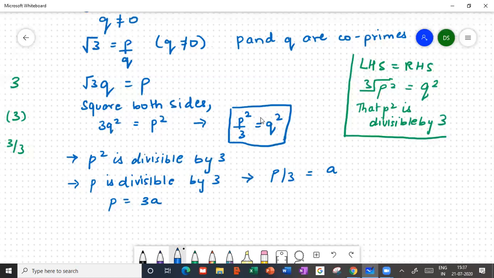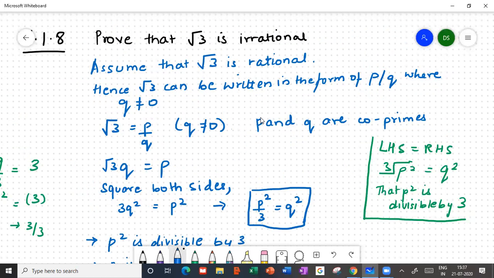Yes, correct. In this case, we are assuming that root 3 is rational, and p by q, like Ritu said, is the most reduced form, the fraction cannot be reduced any further. In such a form, we are writing it. That's why you consider them as co-primes.